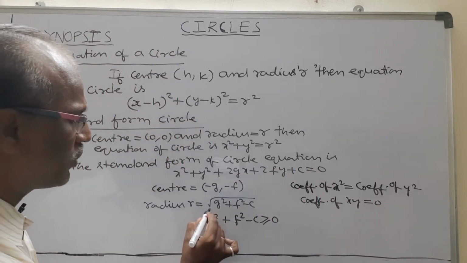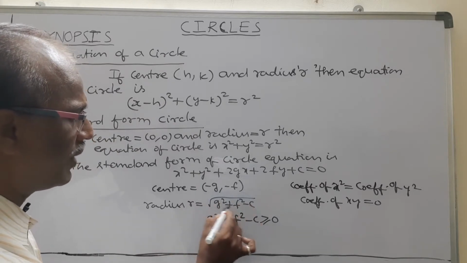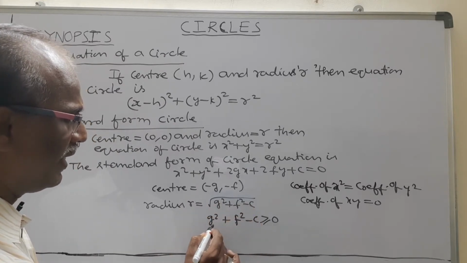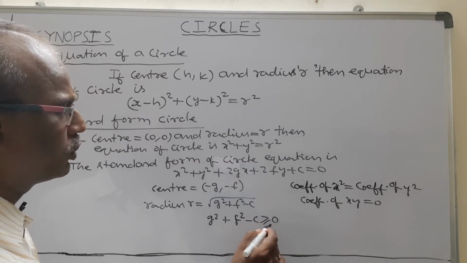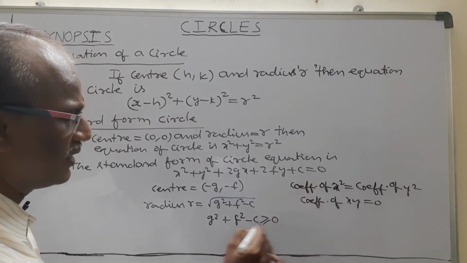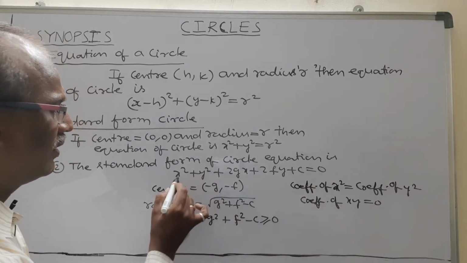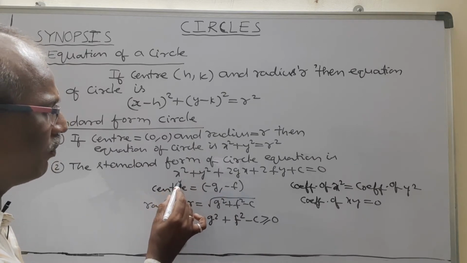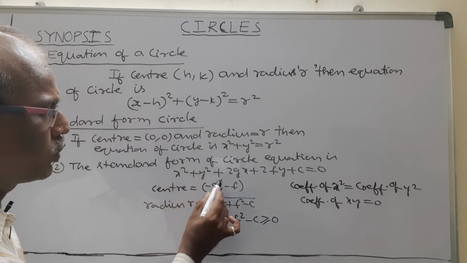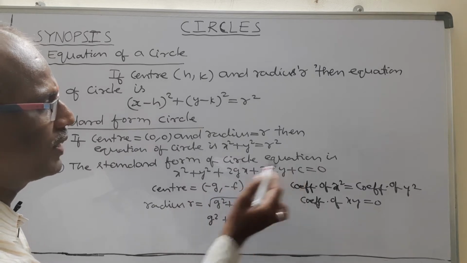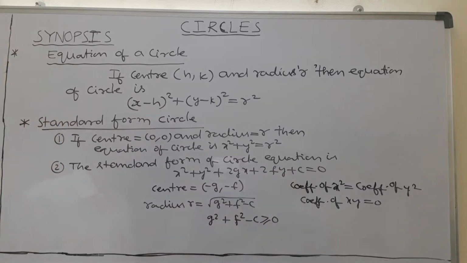Here is the radius formula, root of g square plus f square minus c. The radius is always greater than or equal to 0. When these three conditions are satisfied, the equation of the standard form is x square plus y square plus 2gx plus 2fy plus c equal to 0.